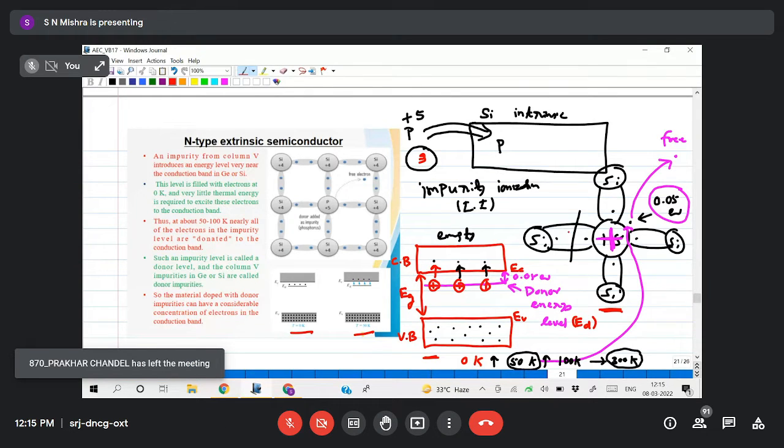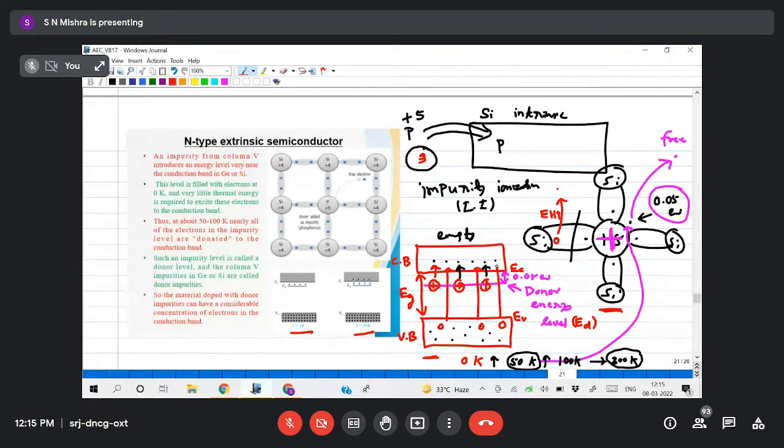Suppose this covalent bond breaks, this will generate one free electron and it will generate one hole here. That means EHP generation started. So let us take 3 electrons here and 3 holes here, right? So this is 1, this is 2, this is 3.